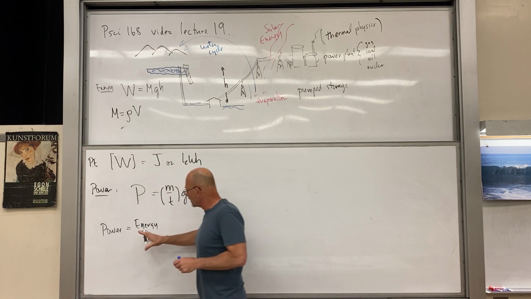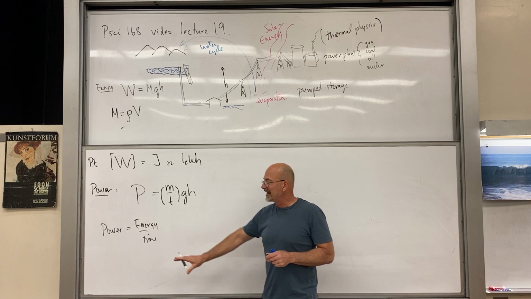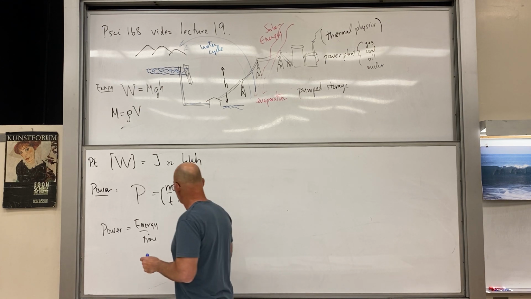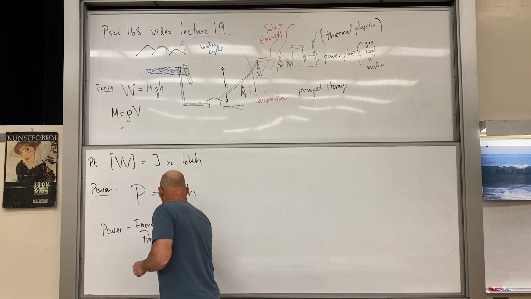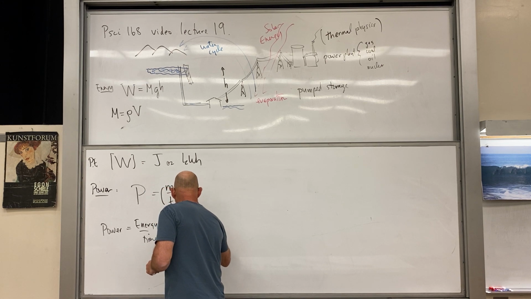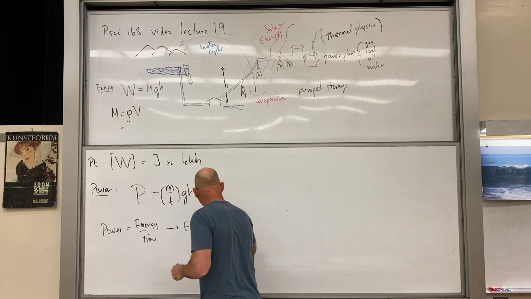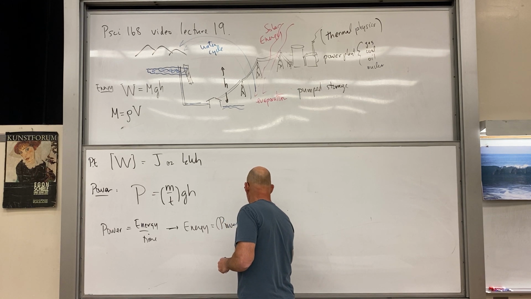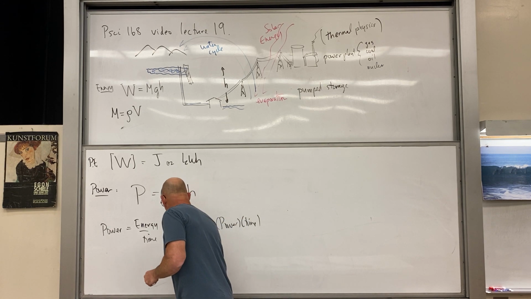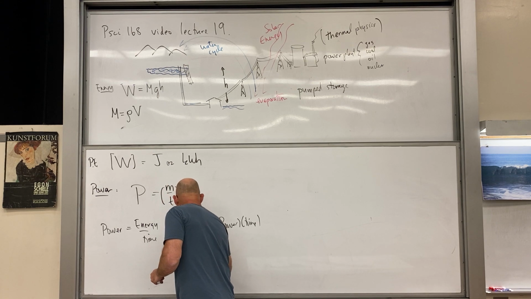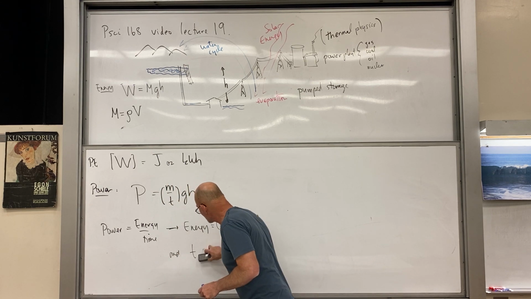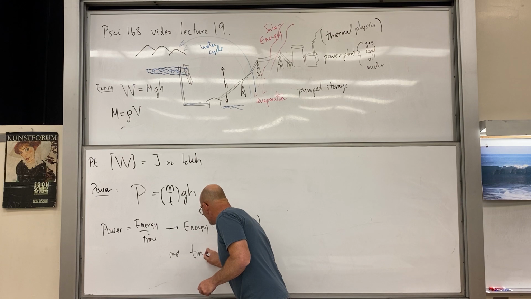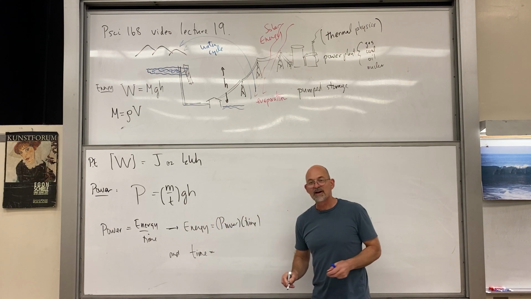You want to be able to use this equation in any of the 3 different ways. So that means that energy equals power times time. And if you solve this equation for time, it's energy divided by power.